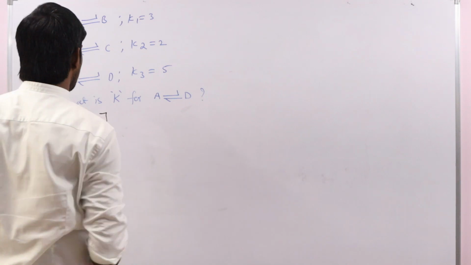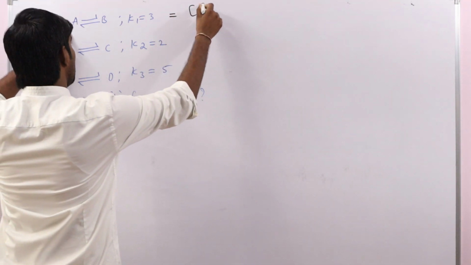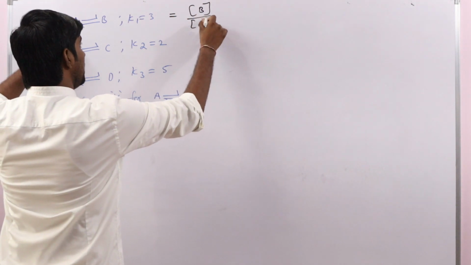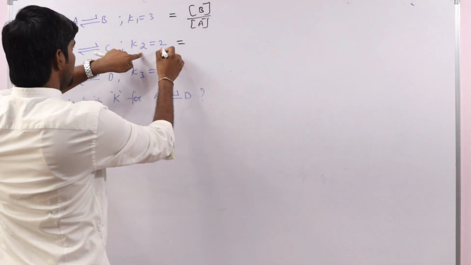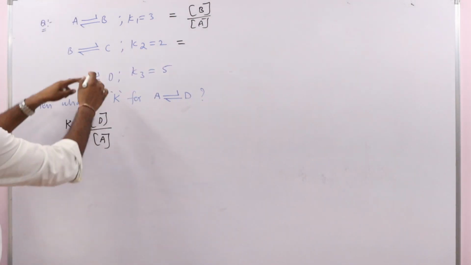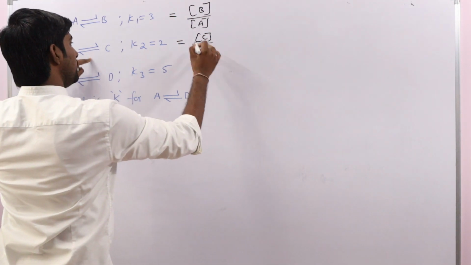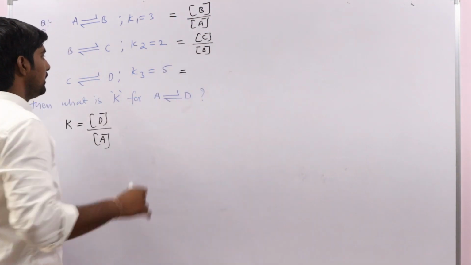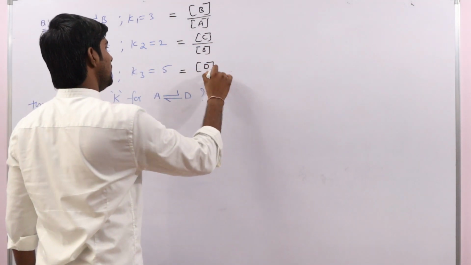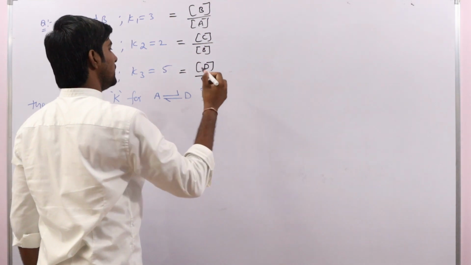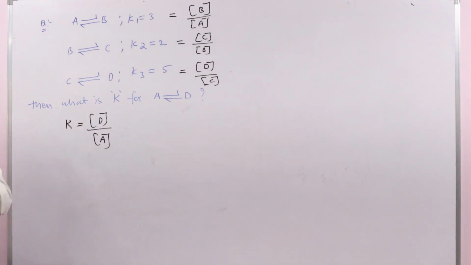For the first reaction the equilibrium constant is concentration of B by concentration of A. For the second, K2 equal to 2, the expression is concentration of C by concentration of B. For the third, it is concentration of D by concentration of C. These are the equilibrium constant expressions for the individual reactions.